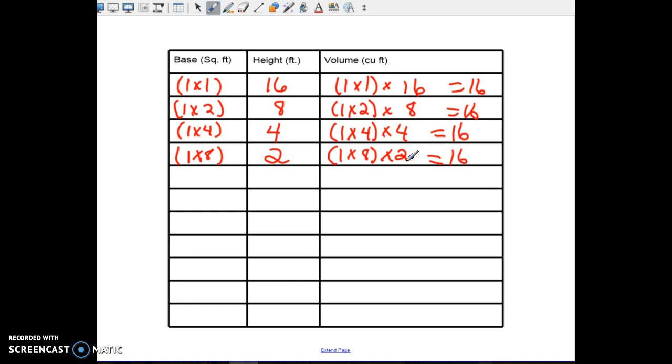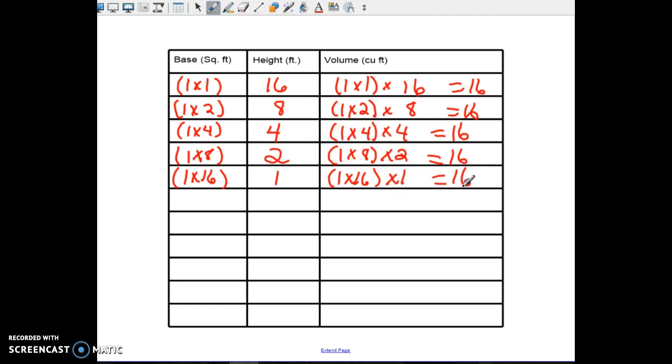Then does 9 or 10? No. Does 11, 12, 13, 14, 15? No. 16. So we can do 1 times 16. What would we have to multiply that by? 1. So this will look like 1 by 16 would be the base, times 1 would equal 16.